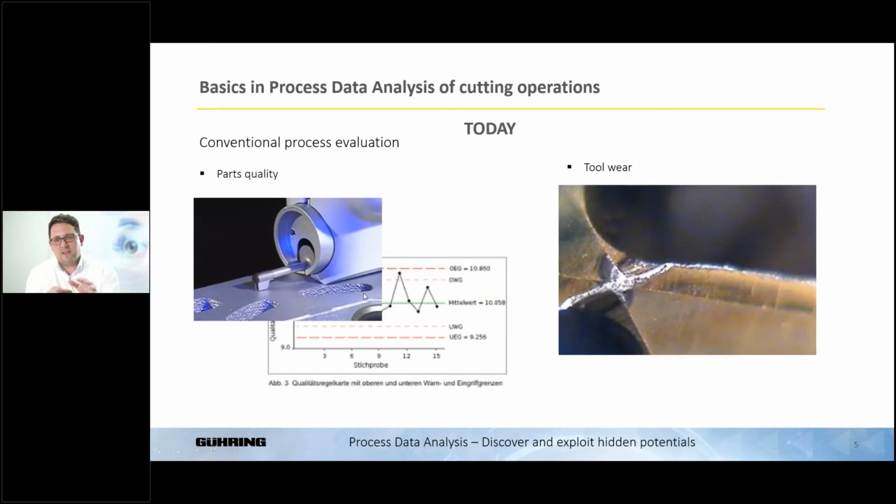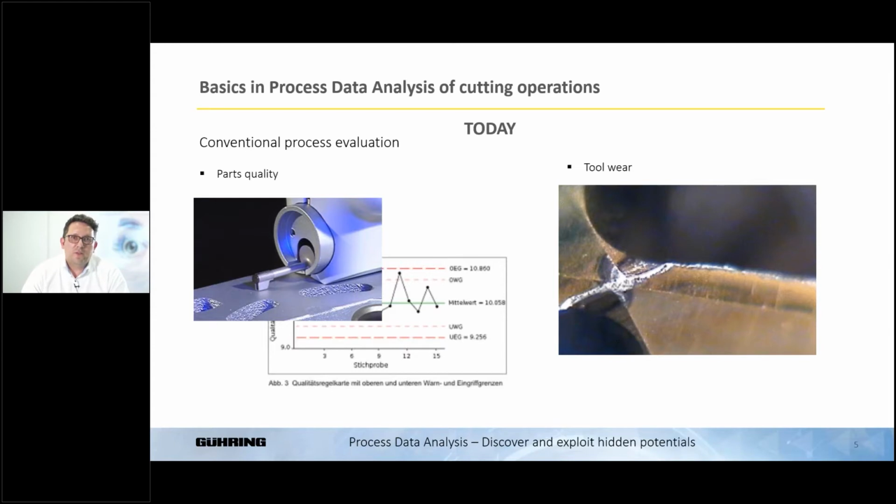What is this in our field of tooling operation? If we want to analyze and optimize our processes today within machining, normally we have several possibilities to do that. On the one hand, we are able to measure the parts with 3D machines, with surface measuring devices, whatever.